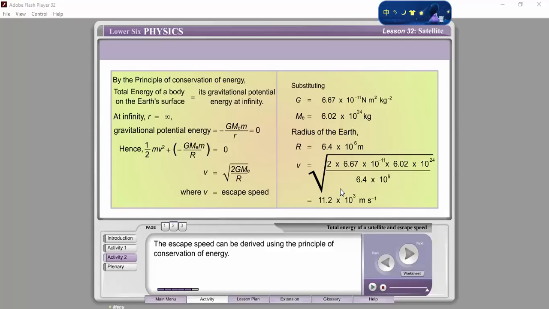If we wished to launch the astronaut, they must first be moved downward into the Earth so that they have a very long distance to accelerate. Once it reaches the surface, the speed on the surface of the Earth must be 11.2 times 10 to the power 3 m s negative 1. If less than that speed, it will fall down. More than that speed, no problem. The minimum speed is 11.2 times 10 to the power 3.